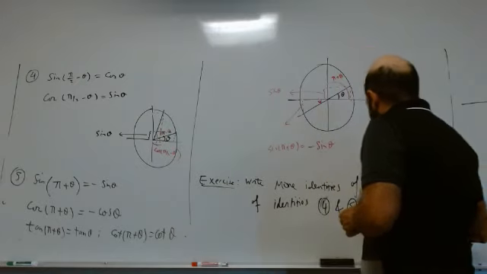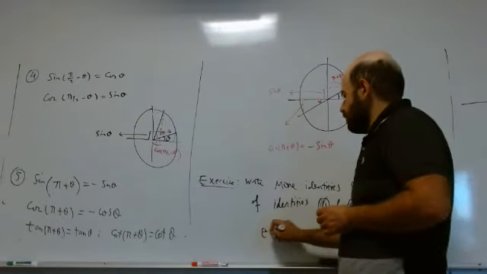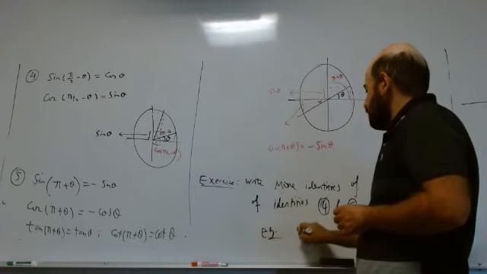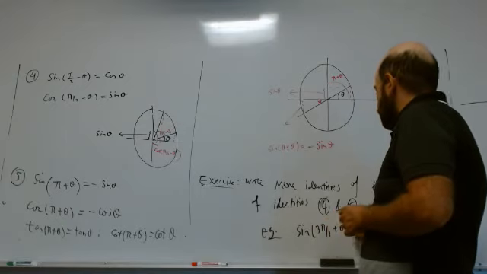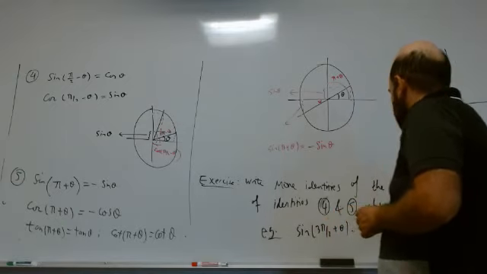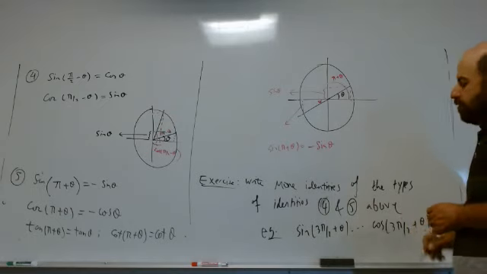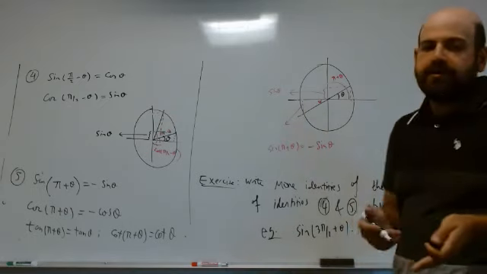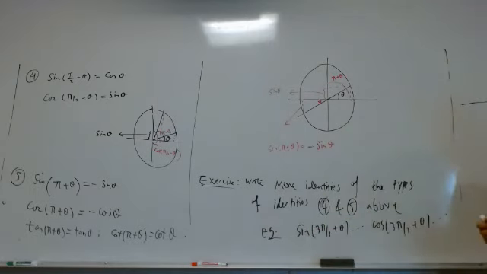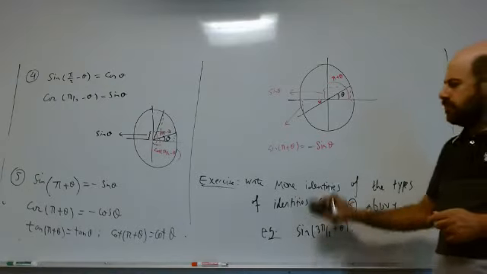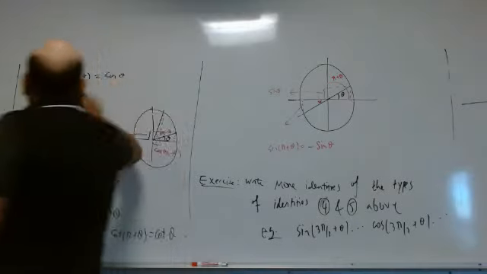So for example, sine of, let's say, 3 pi half plus theta. What is it? Cosine of 3 pi half plus theta, what is it? Or sine of 3 pi half minus theta, what is it? Cosine of 3 pi half minus theta, what is it? So we have more identities of this type. You can write them as an exercise.